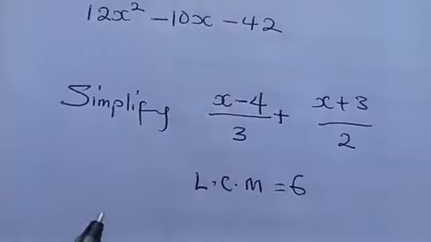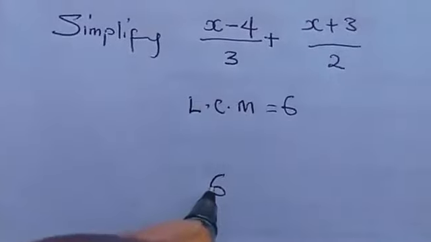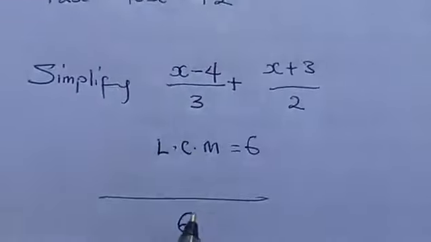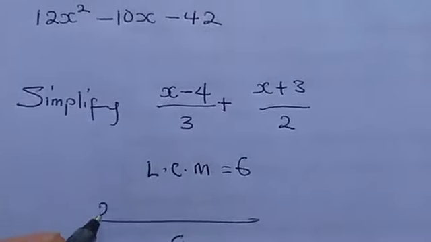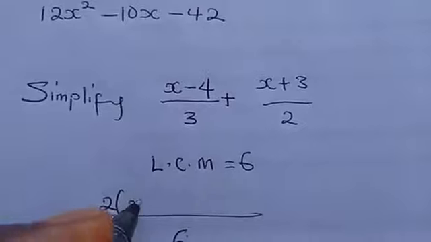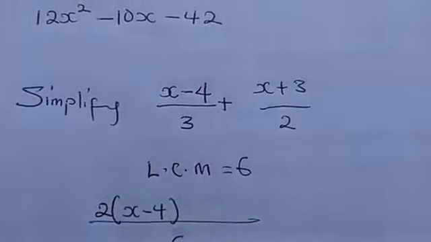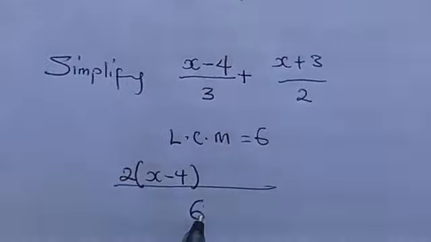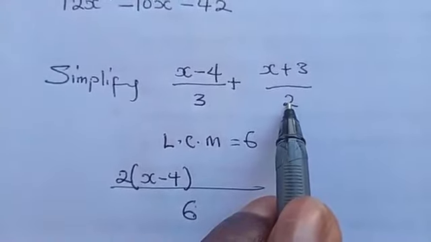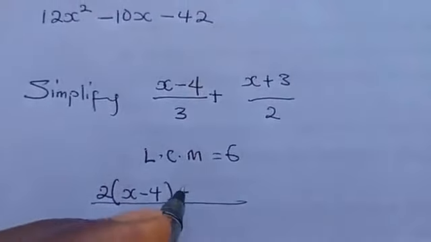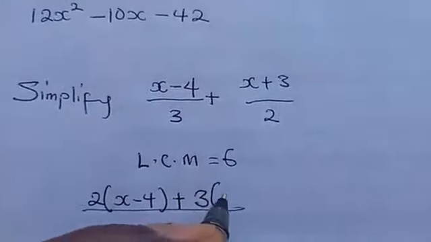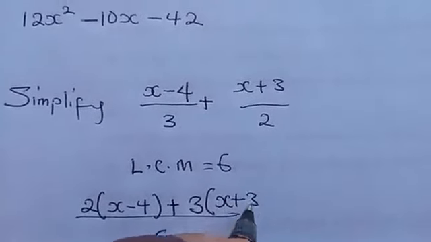So with 6 as our LCM, 6 will divide 3 to give us 2. So that 2 will multiply the numerator, which is x minus 4. Similarly, 6 will divide 2 to give us 3. That 3 will multiply x plus 3. So we have plus 3 into (x + 3).